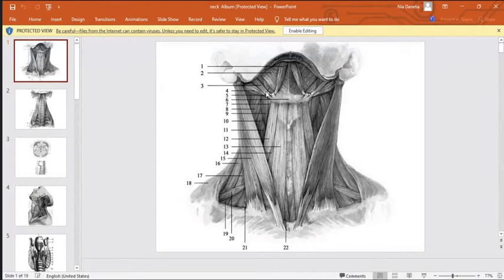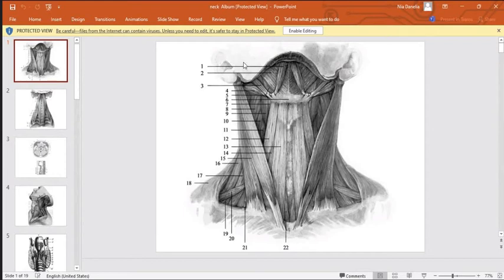In the suprahyoid region, we have two submandibular triangles and one submental triangle, which lies below the chin. Layers of the suprahyoid region are skin, subcutaneous tissue, superficial fascia, which makes a compartment for the platysma muscle. After this layer, in this region, we have the superficial layer of the proper fascia.